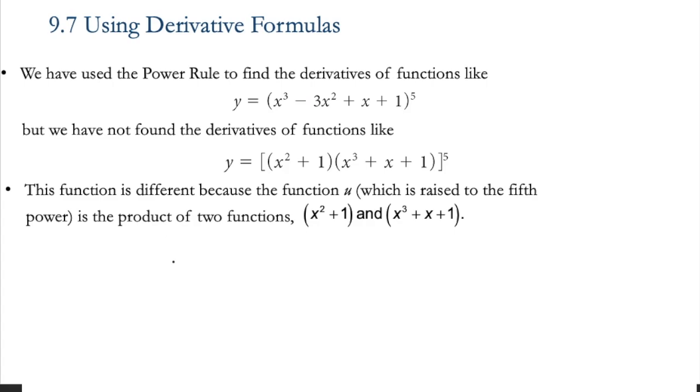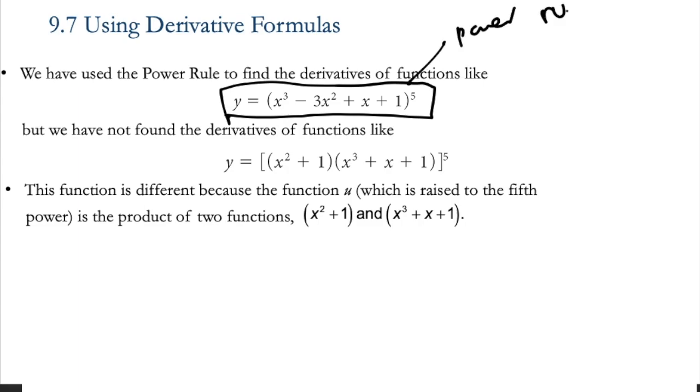And here, when we talk about using derivative formulas, for this kind of expression, you can see clearly that we can use the power rule, specifically the power rule for chain rule, isn't it? But we haven't found, let's say, instead of this, let's say your function looks like this. This is A, this is B, and then A times B, and then the whole thing to the power of 5.